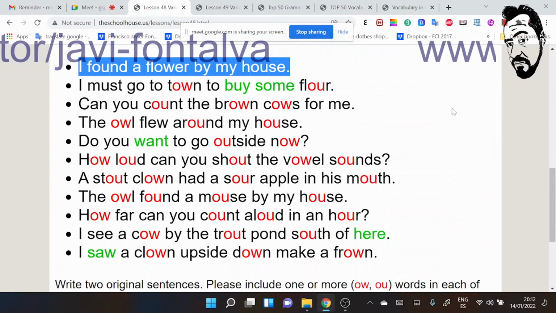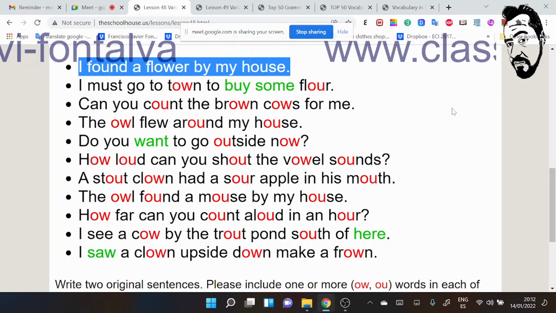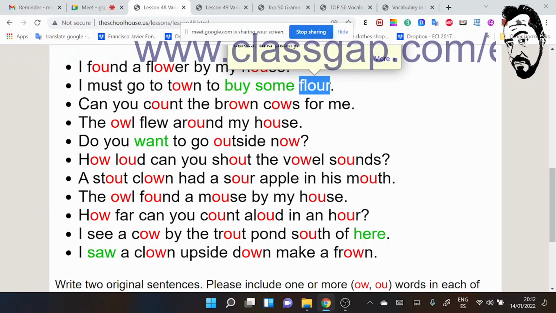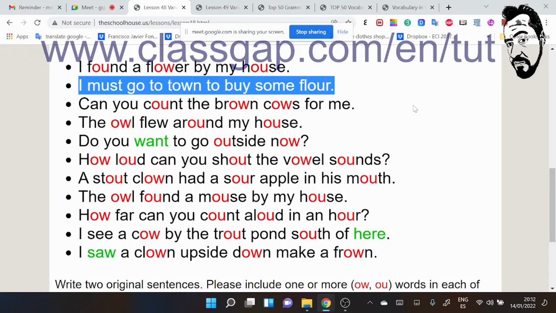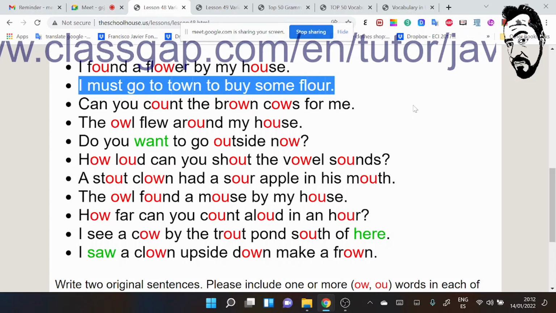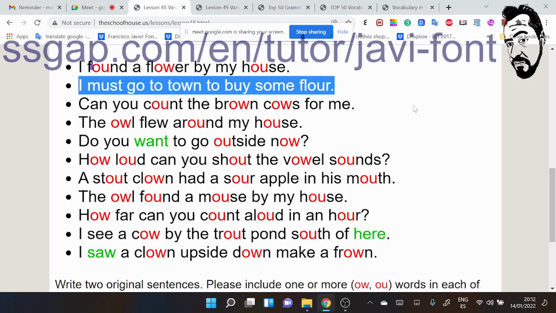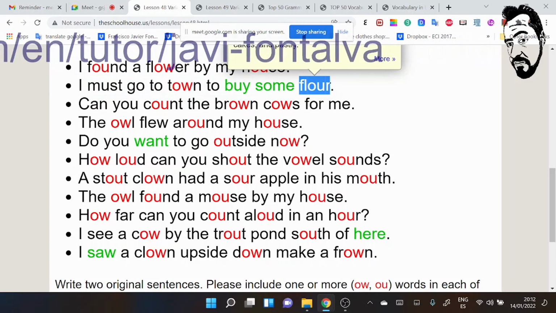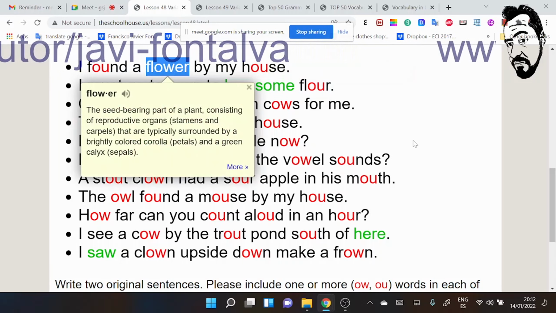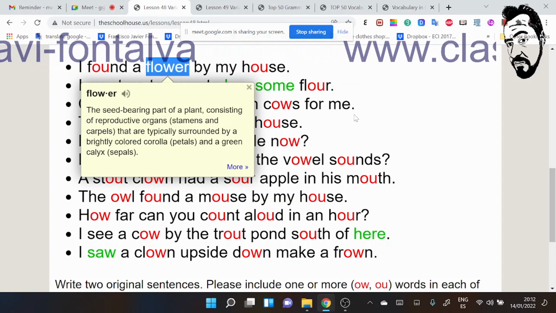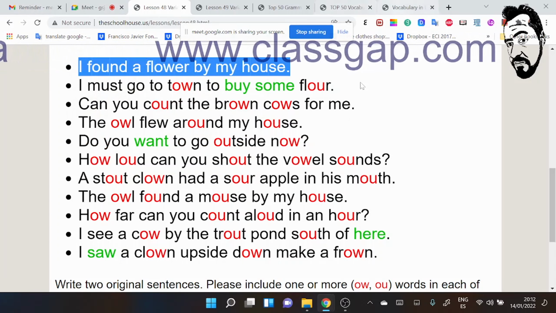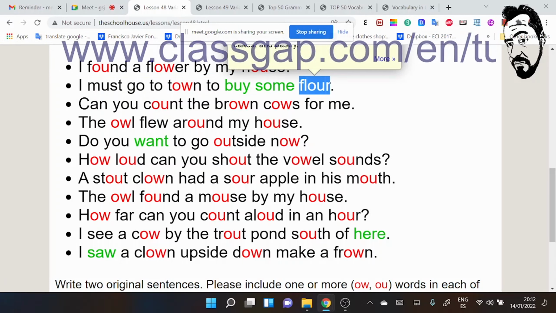I found the flower by my house. Found. Okay, next one. I must go to town to buy some flour. Flour. Flower, same pronunciation. So this is the smelly thing, and this is the thing you need to make bread.